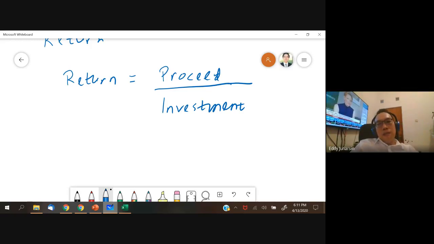So you're expecting the capital gain as well. So you have coupon income and also capital gain to be earned from your bond investment. So the proceed will be in the forms of coupon income and capital gain.